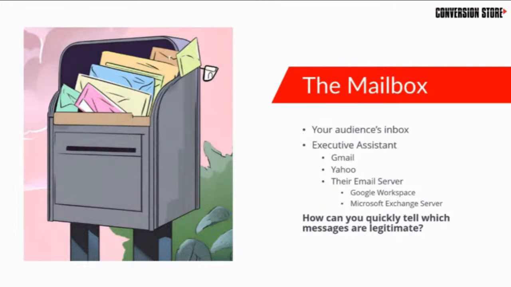Now, one of the things that I think is a little bit different, since anti-spam technology has really come into play, is you think of that as like your executive assistant, right? And probably the most noticeable example of that was when Gmail put in these social filters and the spam filter tabs that you see inside of your Gmail inbox, to check and make sure that all the spam we're getting isn't going to flood the inbox, and that people can still make tangible use out of the inbox.